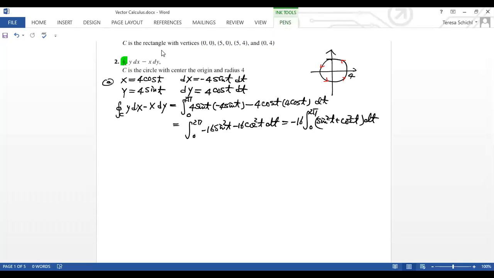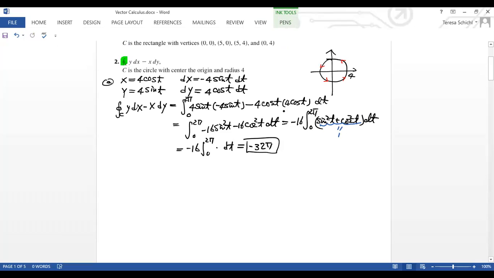So what is sine squared t plus cosine squared t? This is 1, right? So that will give you negative 16 integral from 0 to 2 pi of 1 dt. So what is here? Negative 32 pi, right? So this is by the direct parametric way.